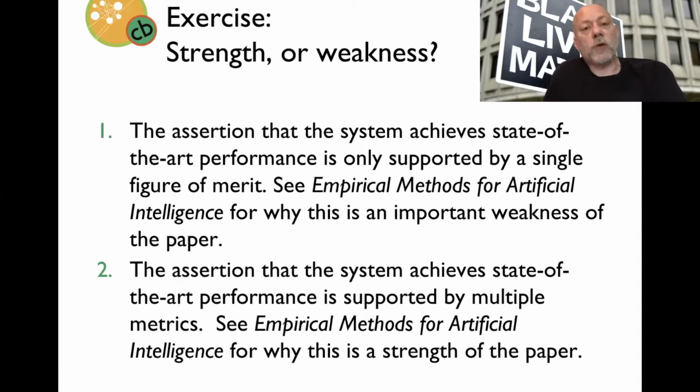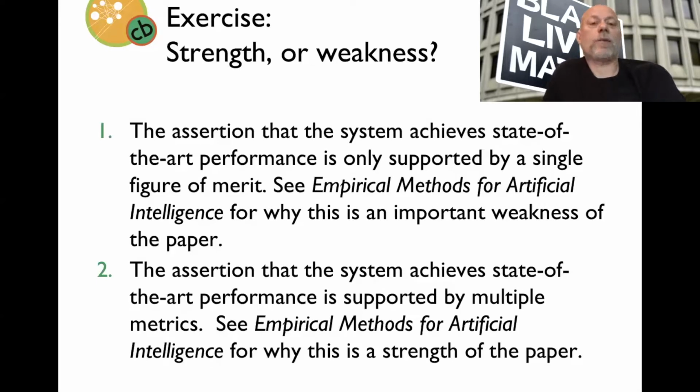So you've had a moment to look those over. Let's talk about the first one. In number one, the reviewer writes, the assertion that the system achieves state-of-the-art performance is only supported by a single figure of merit. Well, the "only" in there tells you right away, this is a weakness of the paper. Now the reviewer goes on to write, see Empirical Methods for Artificial Intelligence.